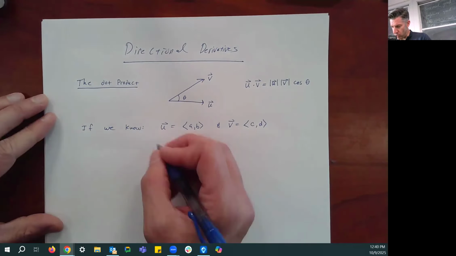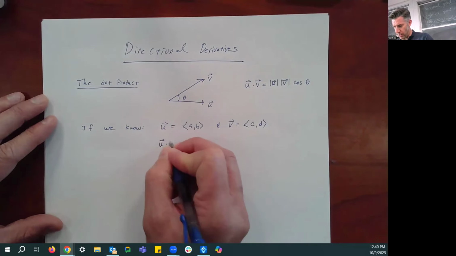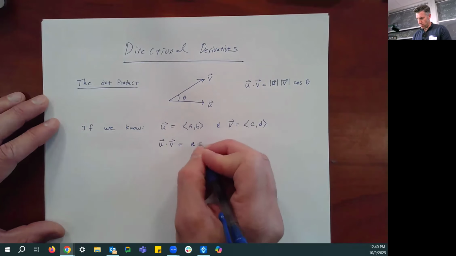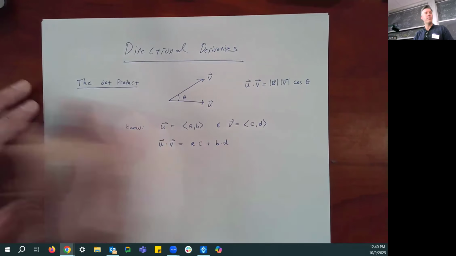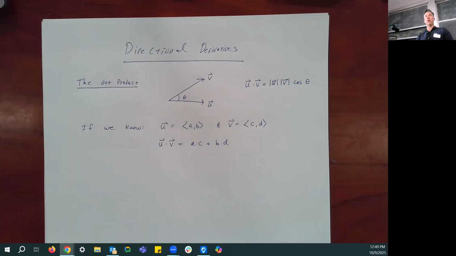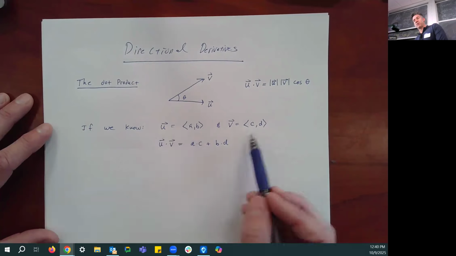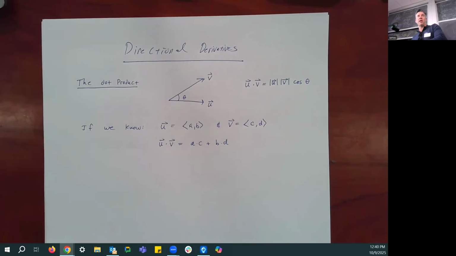And the dot product you can calculate as u dot v equal to a multiplied by c plus b multiplied by d. You're always multiplying the corresponding components together and then adding up the results. So if u and v had 3 components, it'd be the first components multiplied together plus the second components multiplied together plus the last components multiplied together.